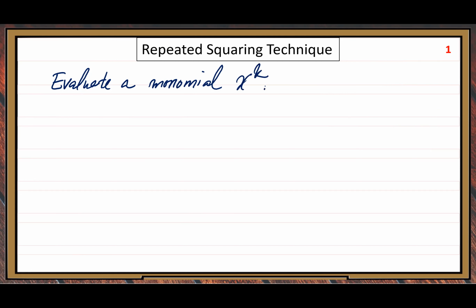How many multiplications do we need? If we do not use any technique, we know the answer is k, right? Here we want to greatly reduce this number k, using some smart trick.